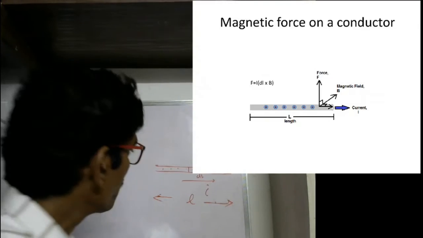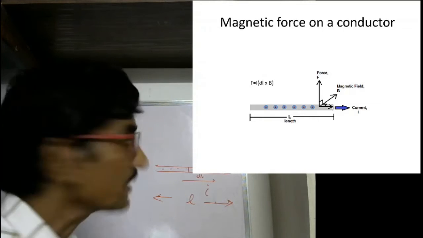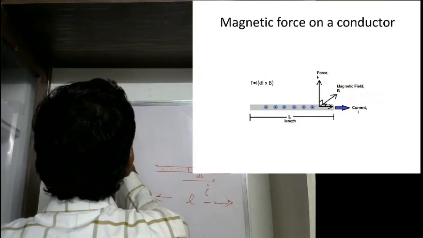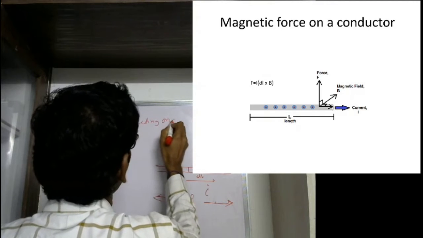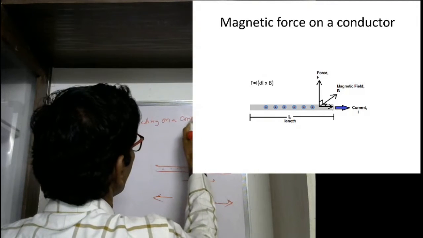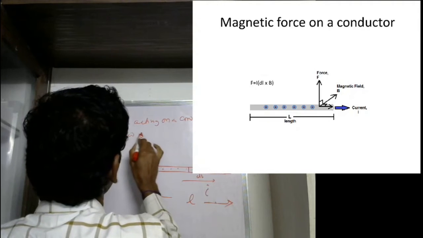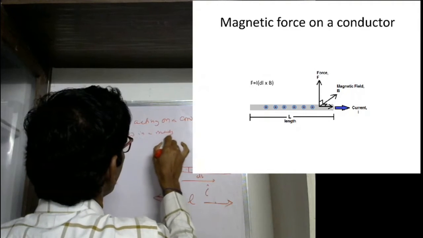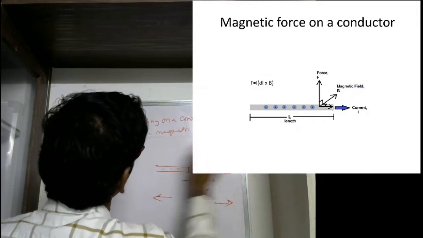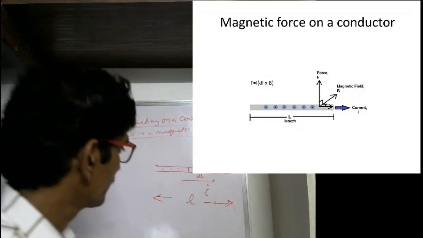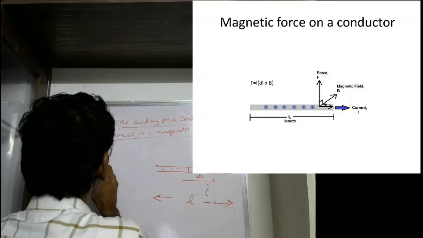So now let us consider the small part of the conductor. What we are deriving is the force acting on a conductor placed in a magnetic field. Now, how much force is acting here?